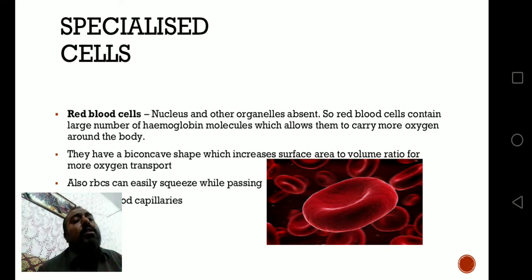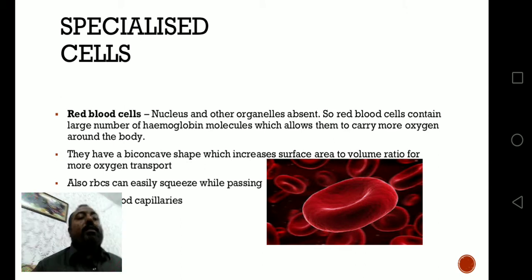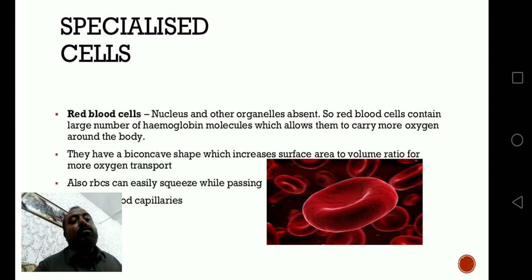The purpose of this adaptation is to create a space to accommodate or contain maximum number of hemoglobin molecules. If you can recall, RBCs are involved in the transport of oxygen from lungs to all other cells of the body. And whenever oxygen molecule diffuses into the red blood cell, it immediately binds with the hemoglobin.